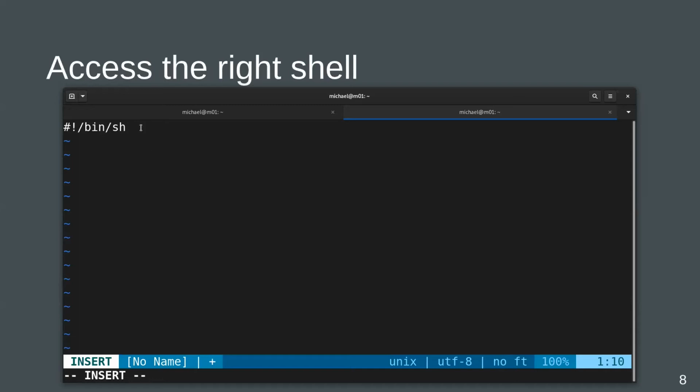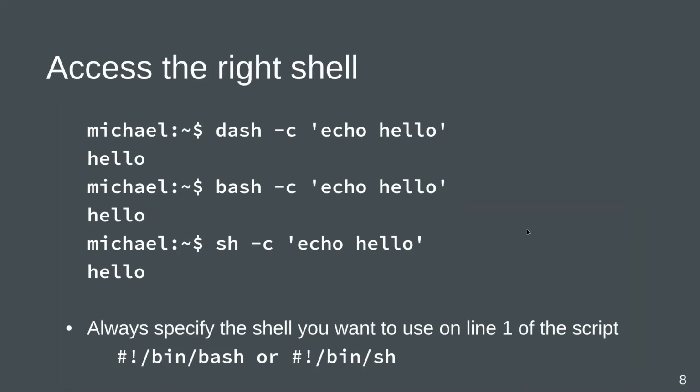And if we make sure we write the script to be POSIX compliant, then we are definitely going to ensure that the script will work on multiple different machines. So always specify the shell that you want to use at the top. And we do that by doing this hash bang /bin/bash.